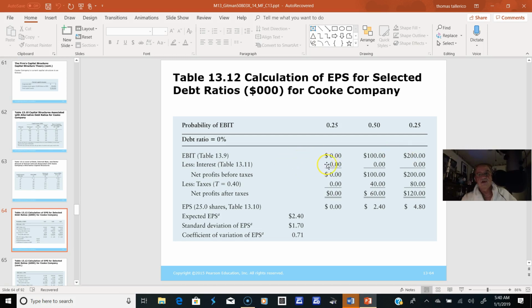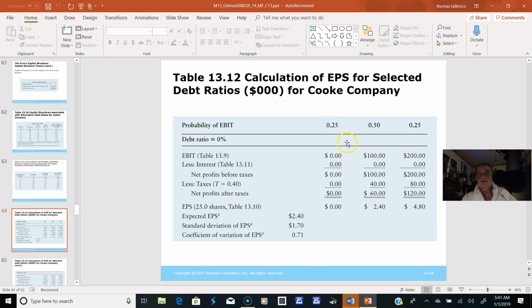Of course, there's no interest because the debt ratio is 0, and taxes are 40%. So here's your net profit after taxes. The earnings per share is the earnings divided by 25,000 shares, and it comes out to 240 and 480, depending on the probability of this EBIT happening.